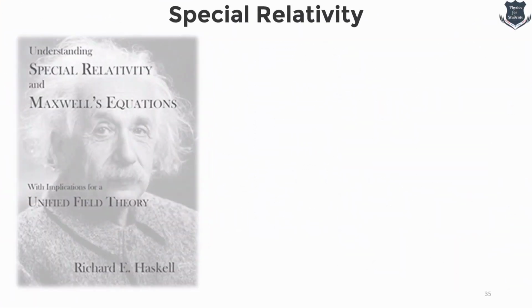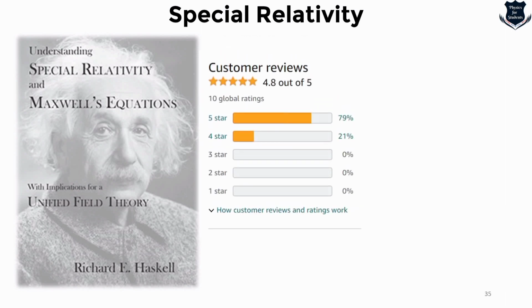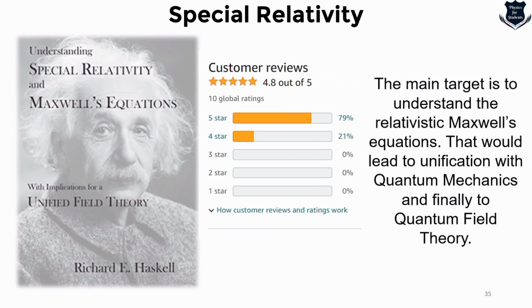For the essential part of special relativity, this is the book which will give you much detail. Now this book is the second one, which I would request you to take as a specialization. The customer reviews on Amazon are more or less okay. Why I'm selecting it is that the main target is the relativistic Maxwell's equations, which are covered more in this book, and obviously it leads to the unification with quantum mechanics, because quantum field theory is ultimately a unification of classical mechanics, special relativity and quantum mechanics.